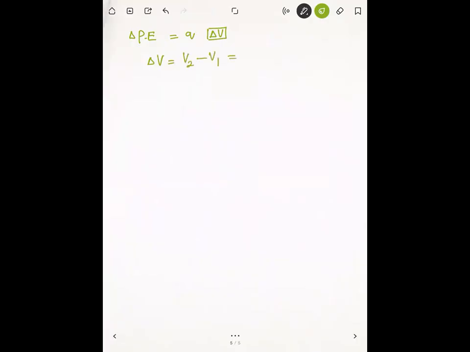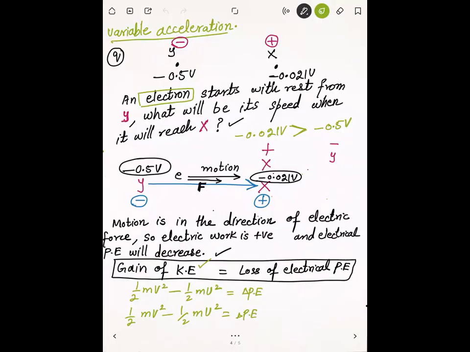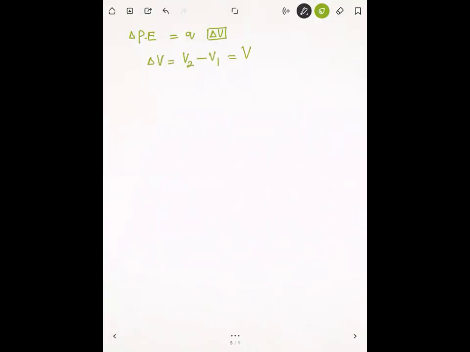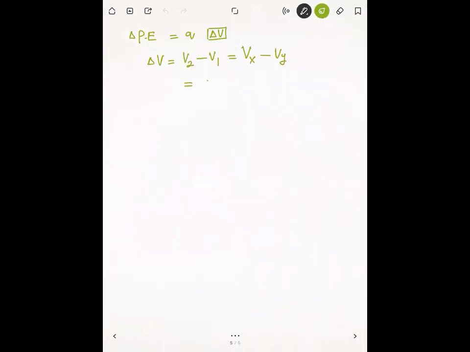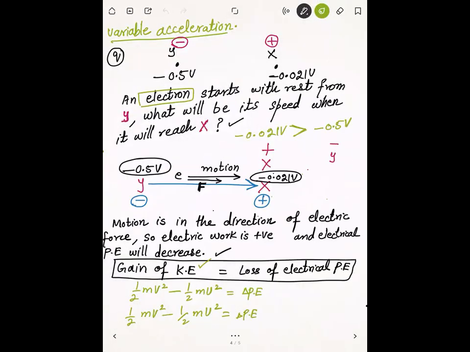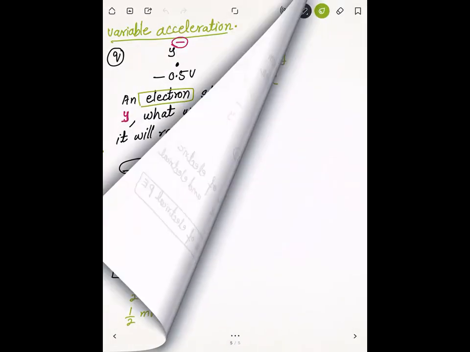We are going to ignore the sign. V2 is Vx, V1 is Vy. So delta V is Vx minus Vy. Vx is negative 0.021, Vy is negative 0.5.